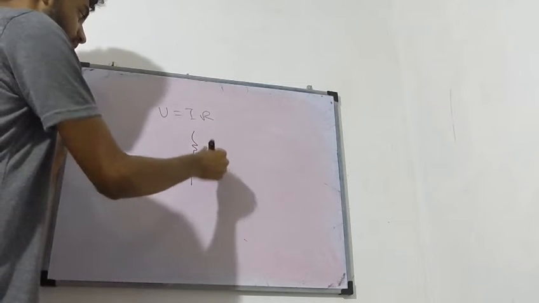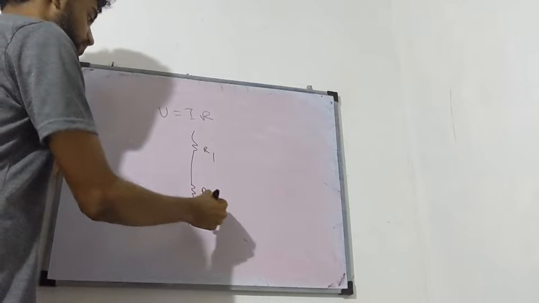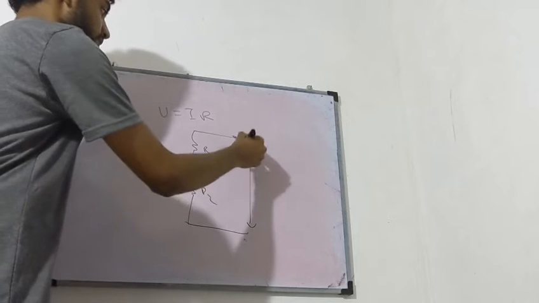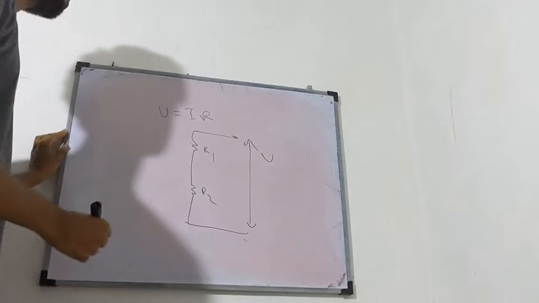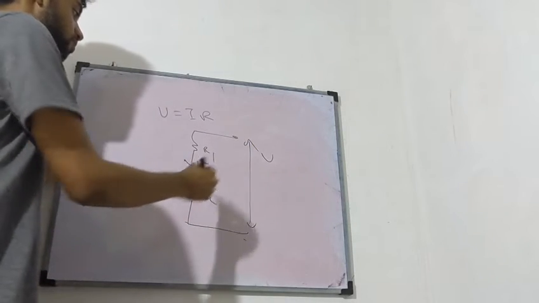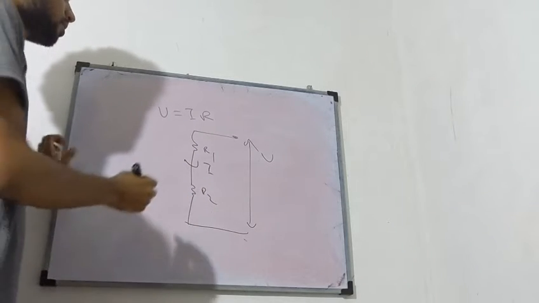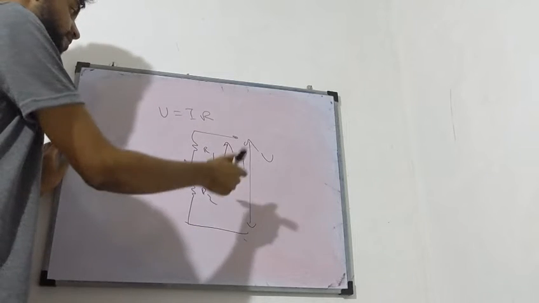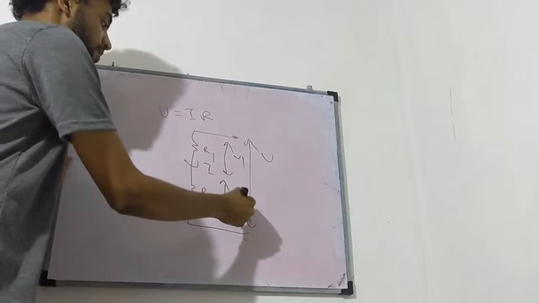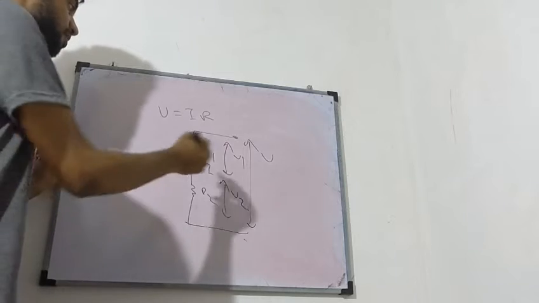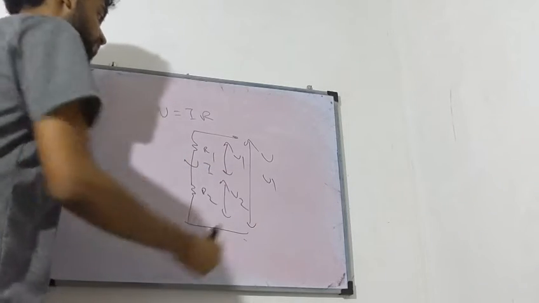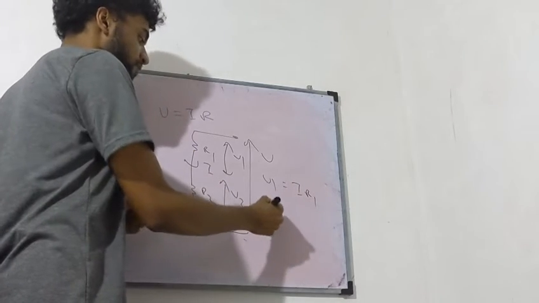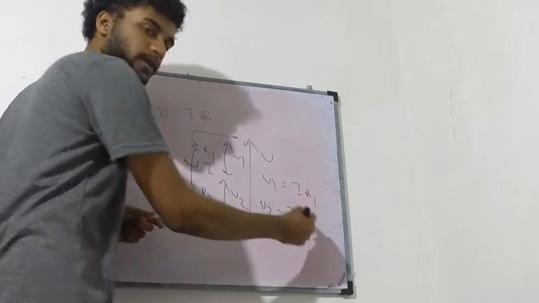Now, when I have resistance R1 and resistance R2 and potential difference of V here, if a current I flows through R1 and R2, we can say potential difference across R1 is V1, potential difference across R2 is V2, then we can say V1 is equal to I times R1, V2 is equal to I times R2.